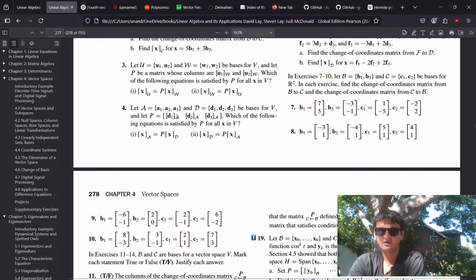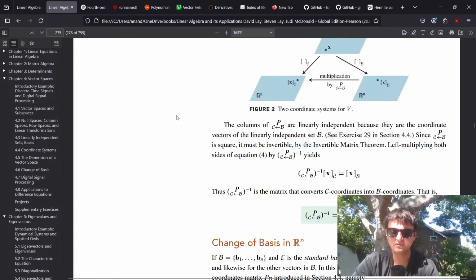let's see, let's go back to the original example.